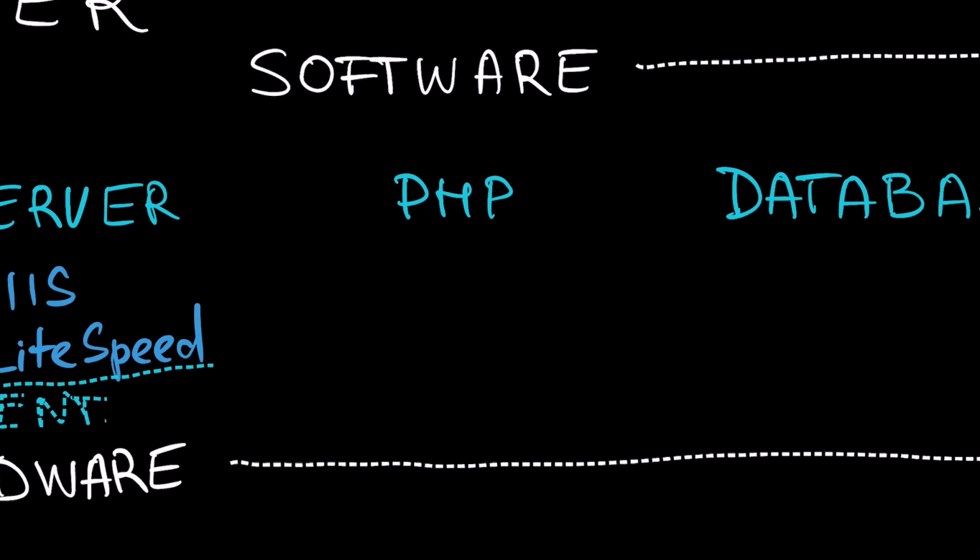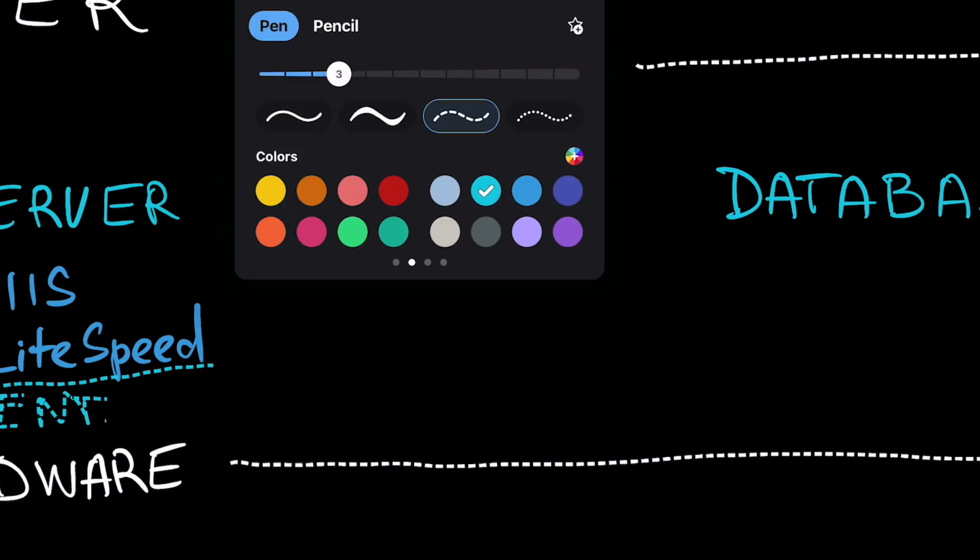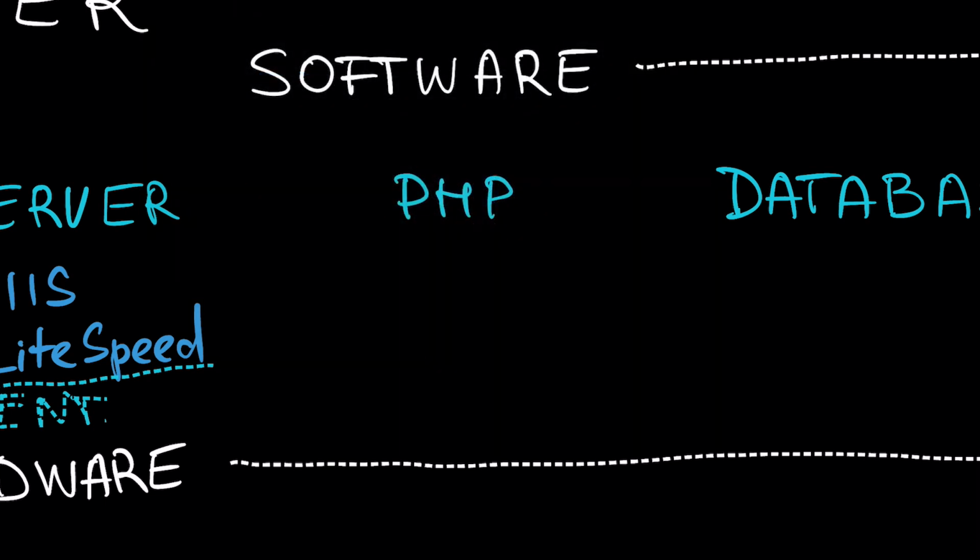Let's move to PHP. There are different versions of PHP, and developers say that the newer version you get, the faster it will be. But there's this connection between web server and PHP, and these things are different.